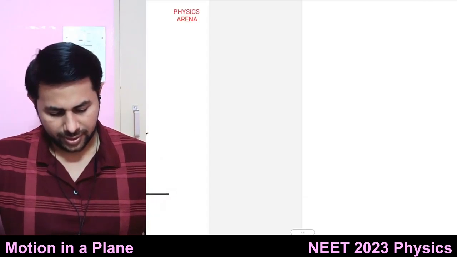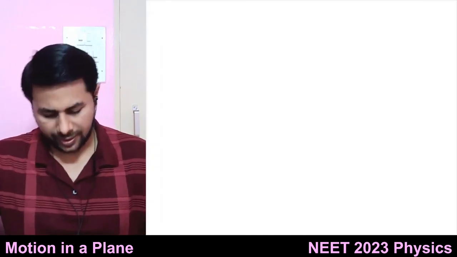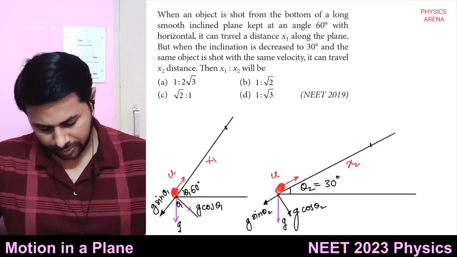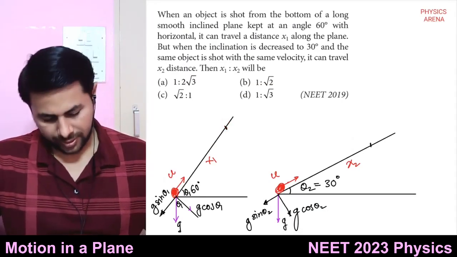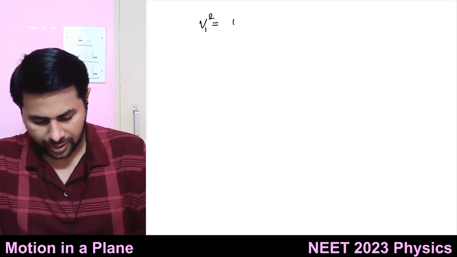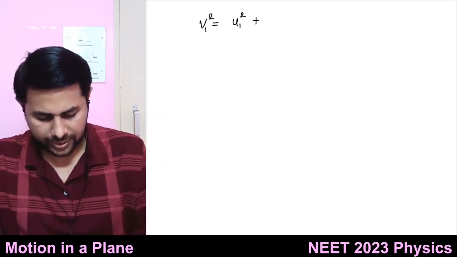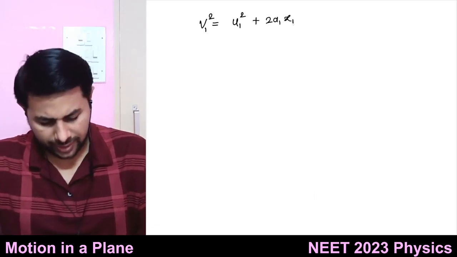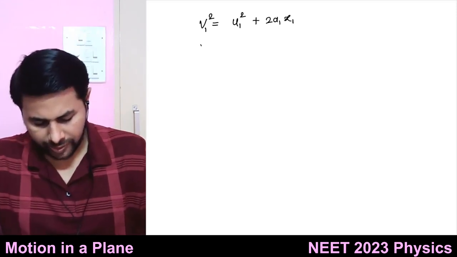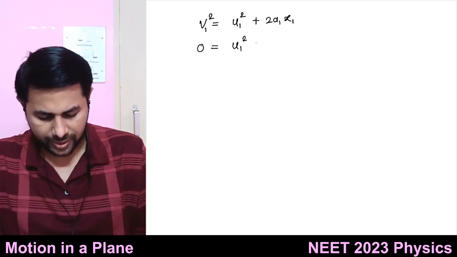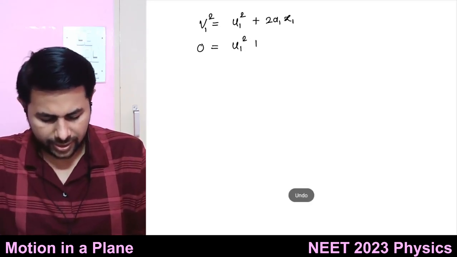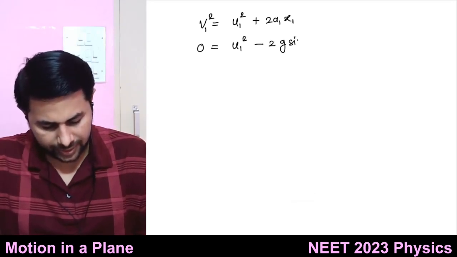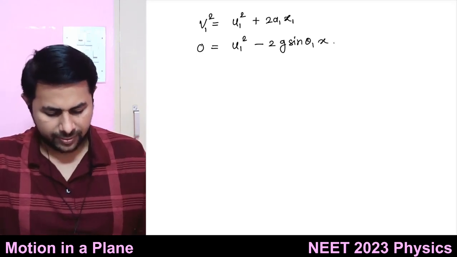For the first object, because at this position its velocity will be 0, v1 square equals u1 square plus 2 a1 x1, since the distance is given as x1. So v1 is 0, and since it is in the opposite direction, I take a negative sign: 0 equals u1 square minus 2 g sin theta 1 multiplied by x1.